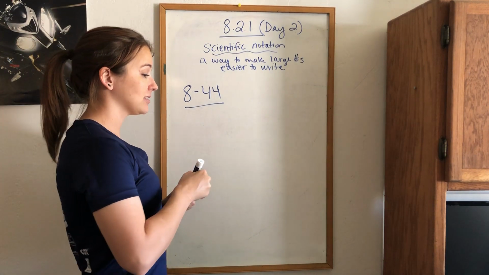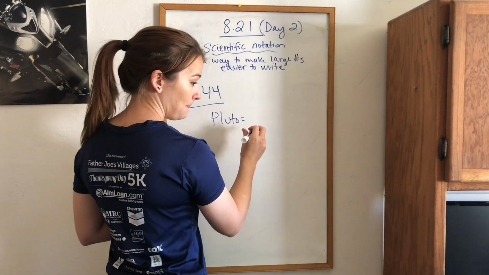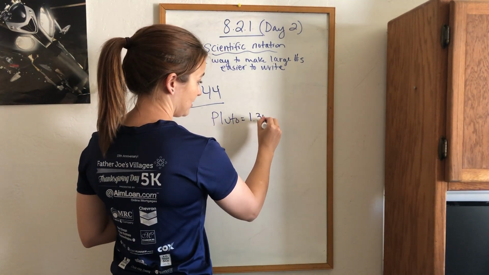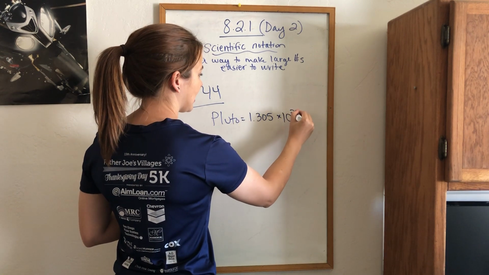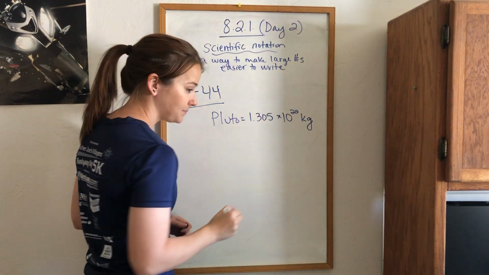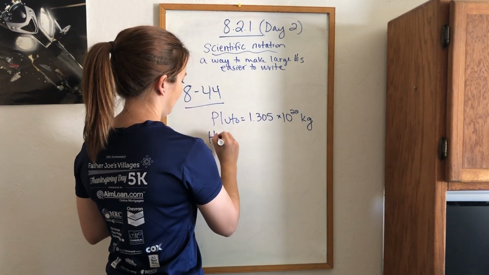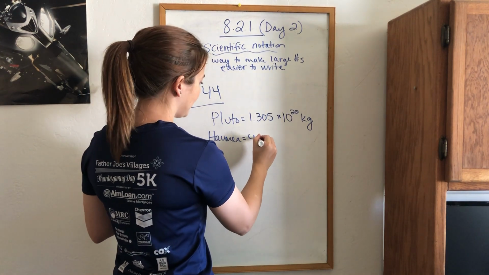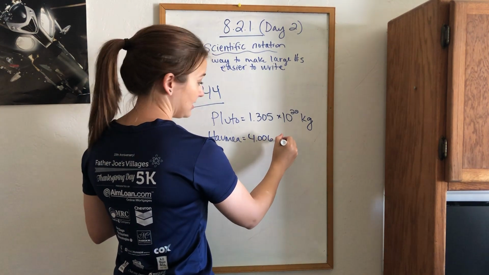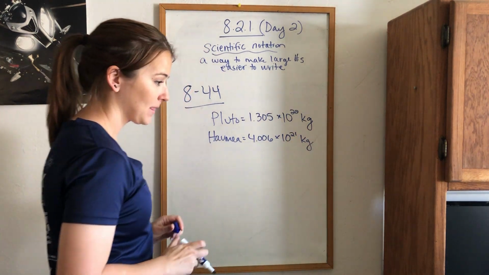Pluto has a mass of 1.305 times 10 to the 22nd kilograms. Haumea has a mass of 4.006 times 10 to the 21st kilograms.